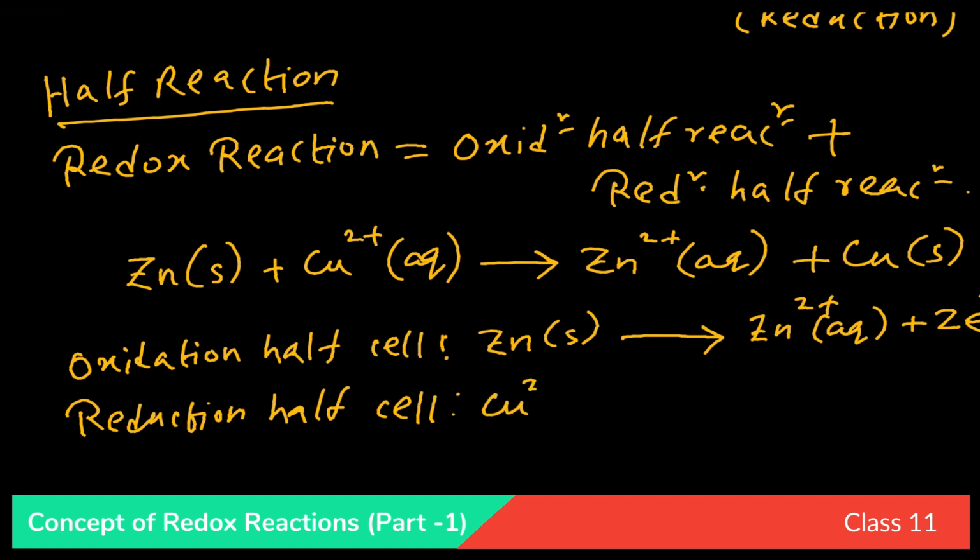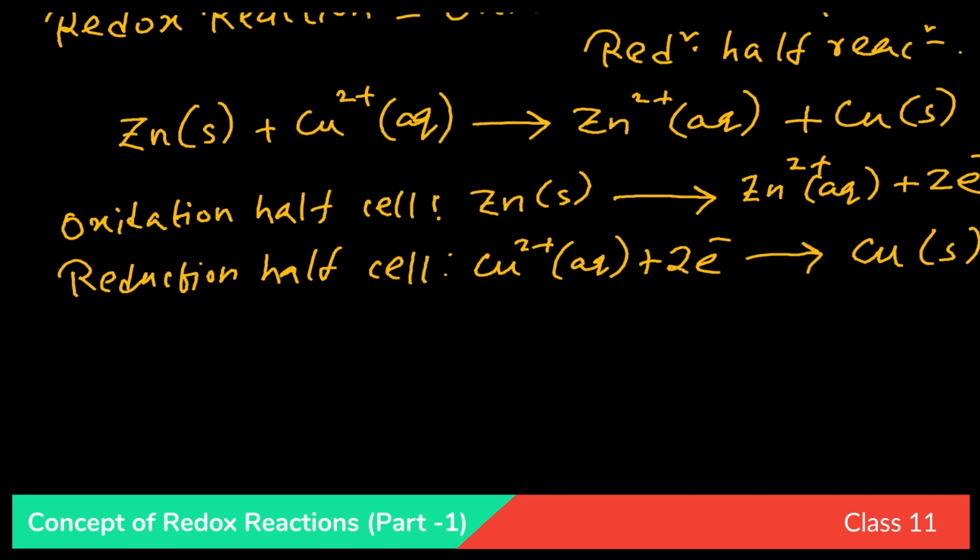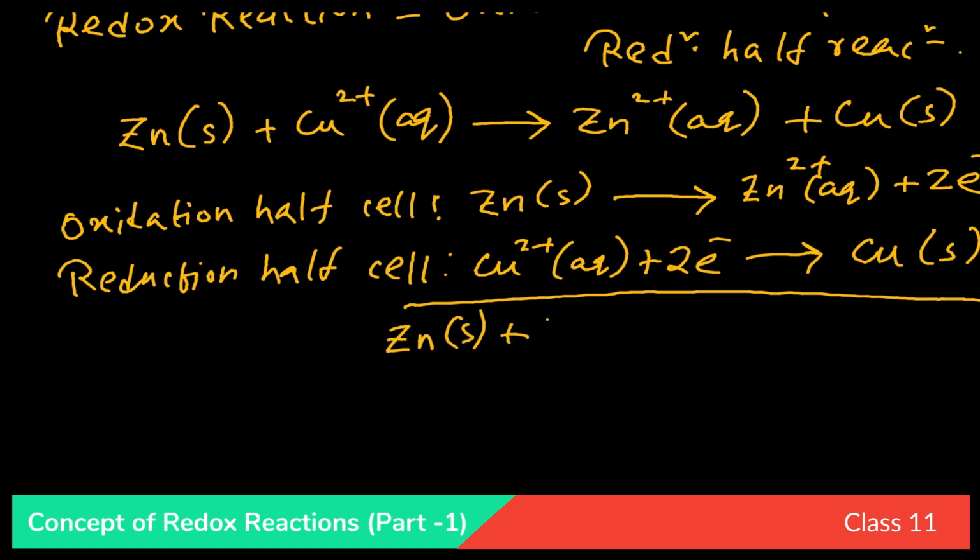Cu2+ in aqueous state, it will accept two electrons to produce Cu solid. Okay, so this is my reduction half cell or reduction half reaction. So if you combine these two, you will get the original reaction, that is zinc solid plus Cu2+ aqueous.